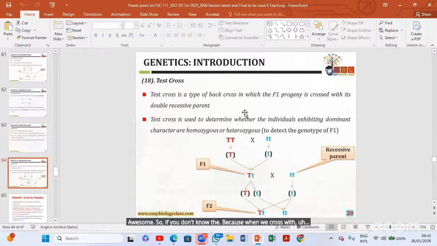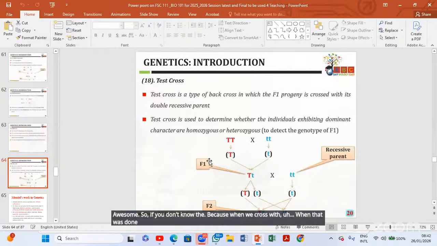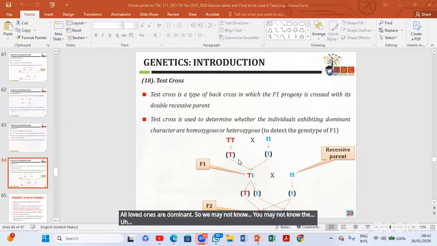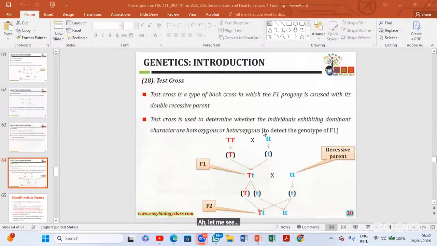When that cross was done and we got all F1 to be dominant, we may not know whether those dominant ones are heterozygous or homozygous dominant.